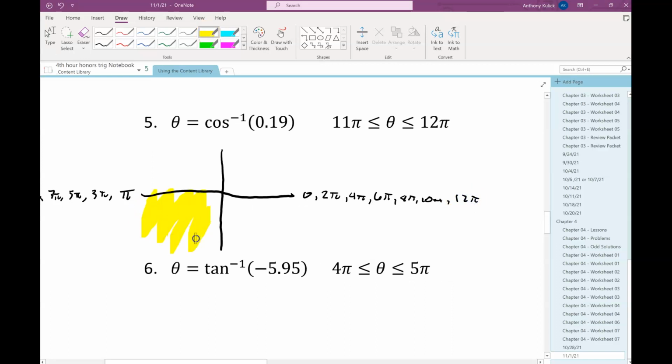So going from 11 pi to 12 pi is this piece down here. Amy, so far so good? Okay.